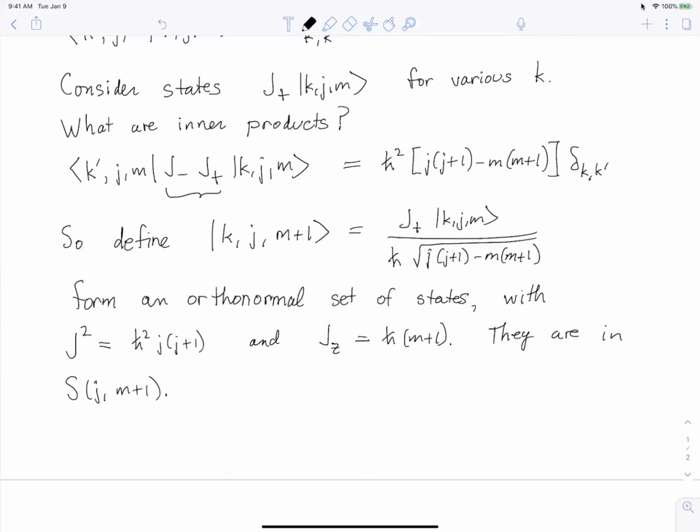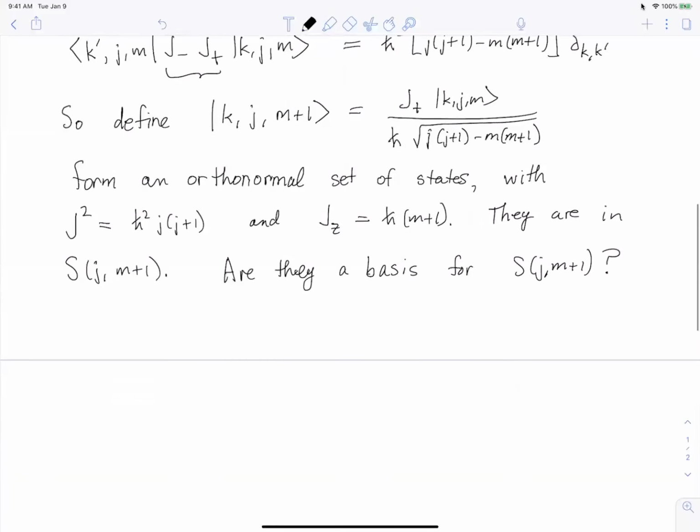So they're an orthonormal set of states, and now we're going to ask the question: are they in fact a basis for this subspace? Since we already know they're orthonormal, the main thing we have to worry about is whether they actually cover the whole subspace.